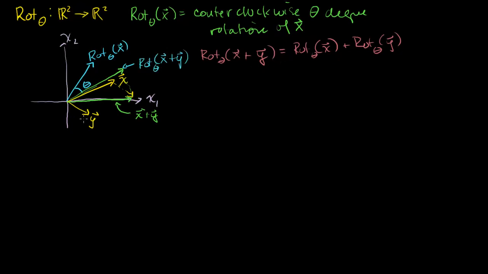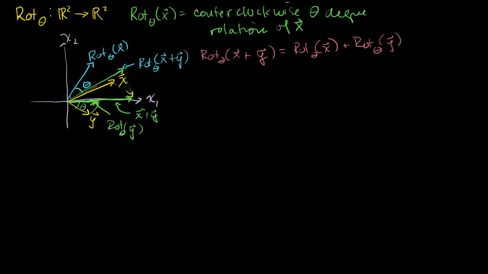So what's y if we rotate it through an angle of theta? It's going to look something like this. This is all approximation. I should be doing it with a ruler and a protractor. Maybe it looks something like this. And that's the rotation of y through an angle of theta, the same theta that I've been doing the whole time.